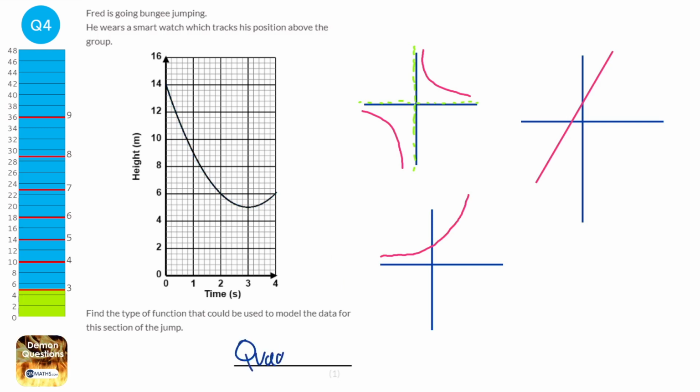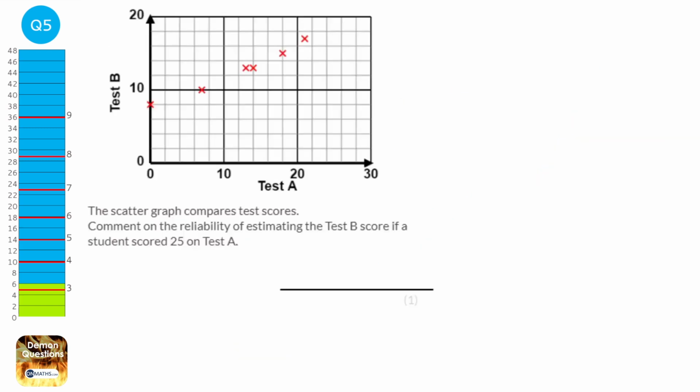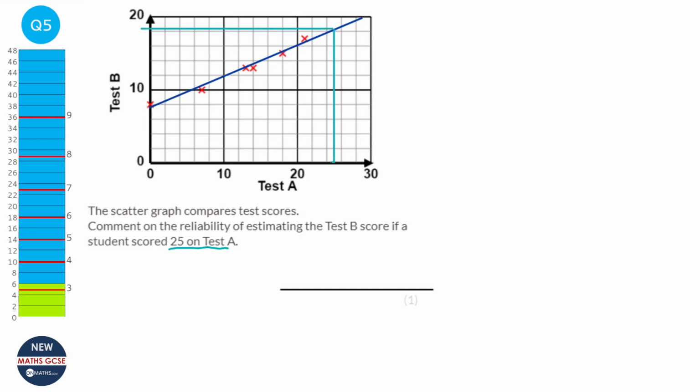So quadratic function. So to make estimates from a scatter graph, we've got to first of all draw a line of best fit, which would be something like this. And what we'll do is to find an estimate of test score B, given the fact they got 25 on test A, means that we would draw a line up from test A at 25, should be here, and then across, and that's how we would make the estimate.